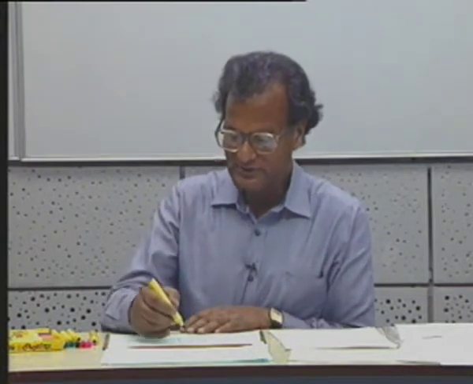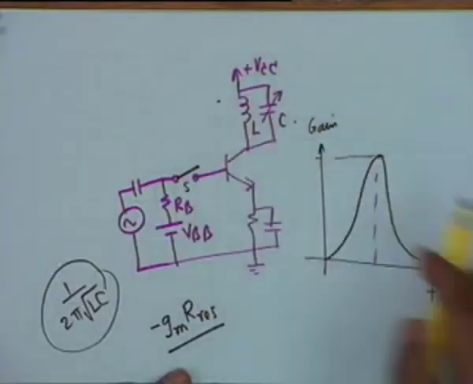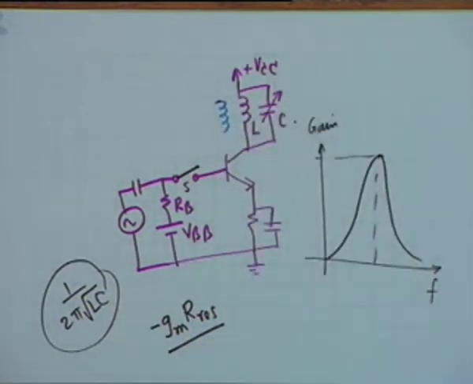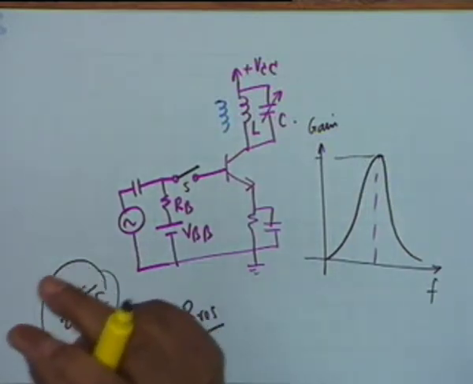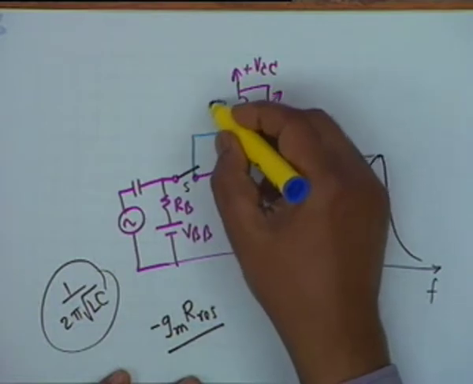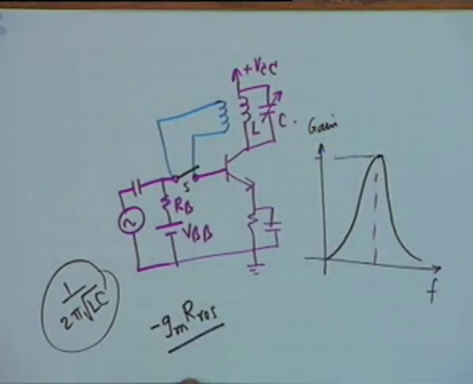Okay. Now, suppose we use a coil here, a small coil, maybe 1 or 2 turns, and we connect this coil to these 2 points. Keep the switch S open, all right.